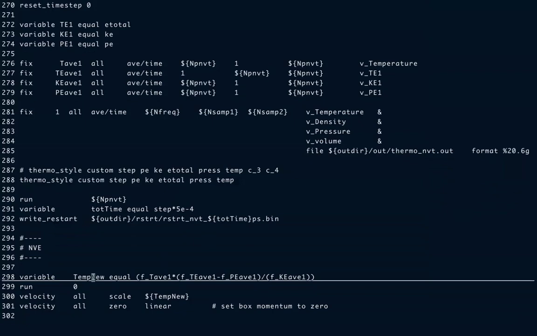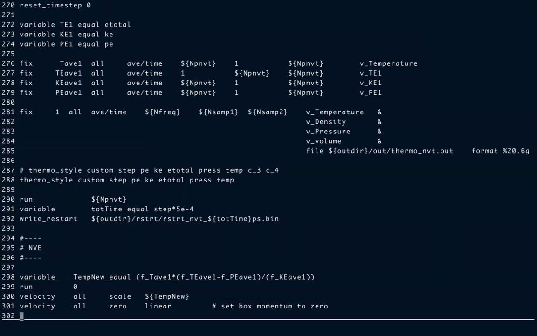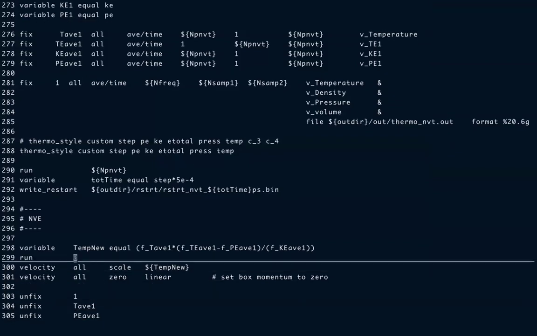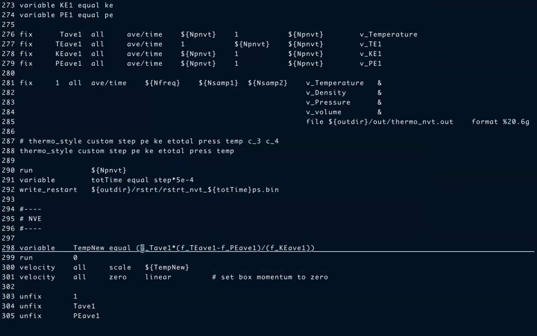Now, in the NVE, we need to set the temperature of the molecules since they're not equal to the equilibrium temperature that we wish to have. In order to do that, we now use the total energy, the kinetic energy, and the potential energy to rescale all the velocities such that they correspond to the equilibrium temperature that we wish to simulate the system at.